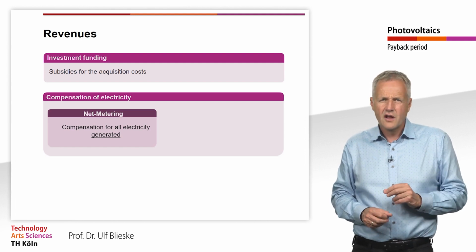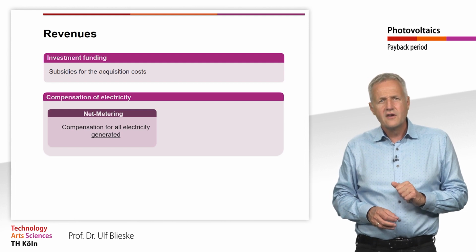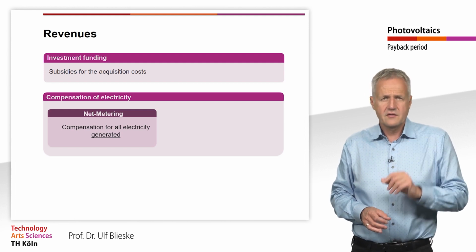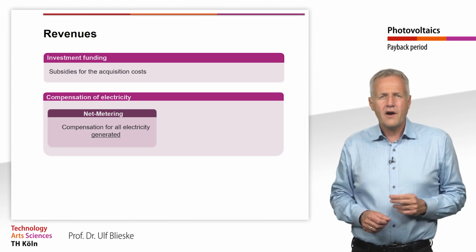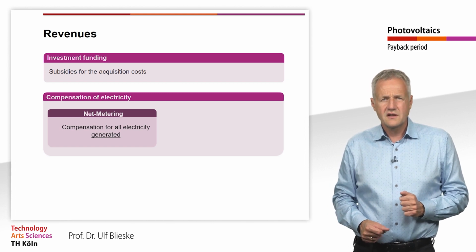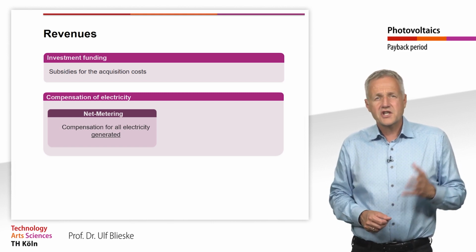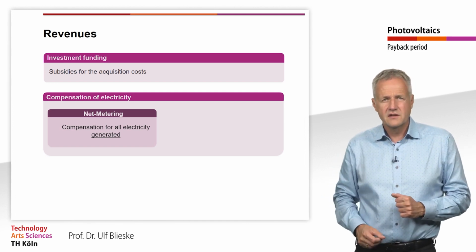In this model, all the electricity generated is effectively subsidized with the electricity price. There are different arrangements if more electricity is fed into the grid than is consumed. In some countries, in such a case, it is possible to carry over the surplus to the next billing period.